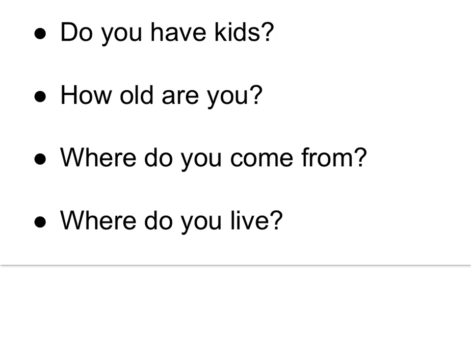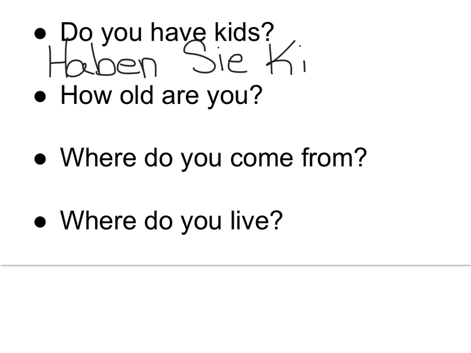Haben. The do and the have both go into that verb haben. And since it's a question, we're starting with that. Not du, but Sie, because it's formal. Haben Sie Kinder? Good. So Kind is one kid.